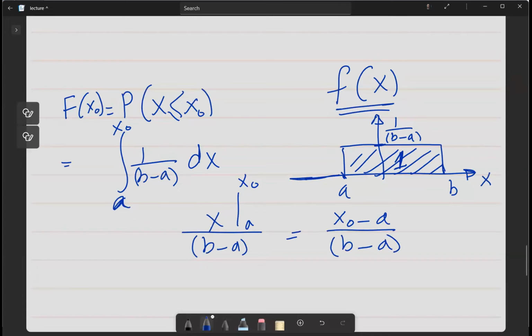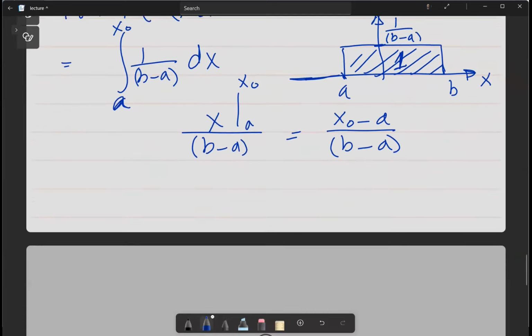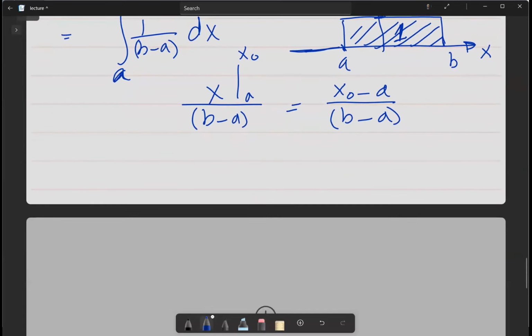This is the CDF of the uniform distribution. So if the question is, what is the probability that x is less than or equal to 1, and you have a equal to -2 and b equal to 2, you can just substitute in this equation.